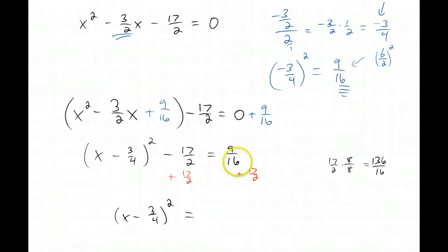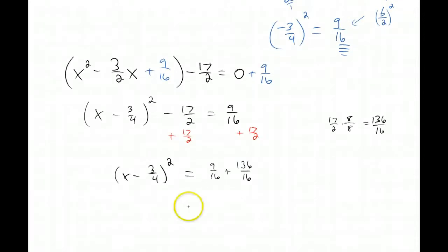So this right-hand side is 9/16 plus 136/16. I should have gotten my calculator out. This is 145/16, I hope. And on the left side of the equation, we haven't done anything.